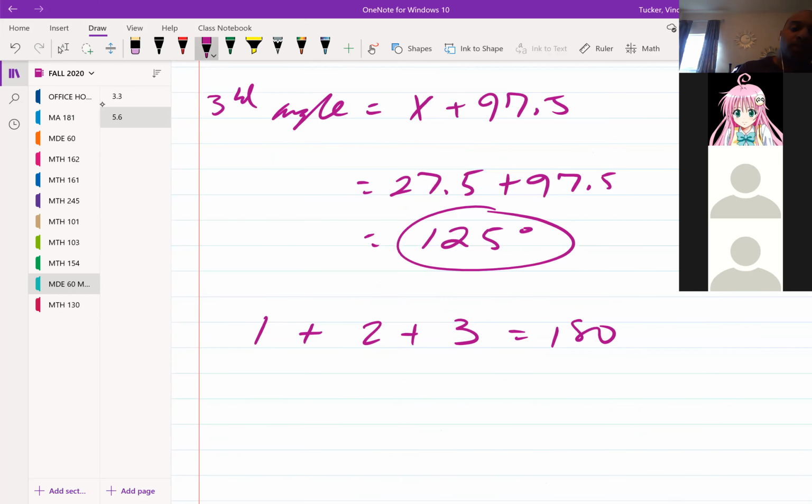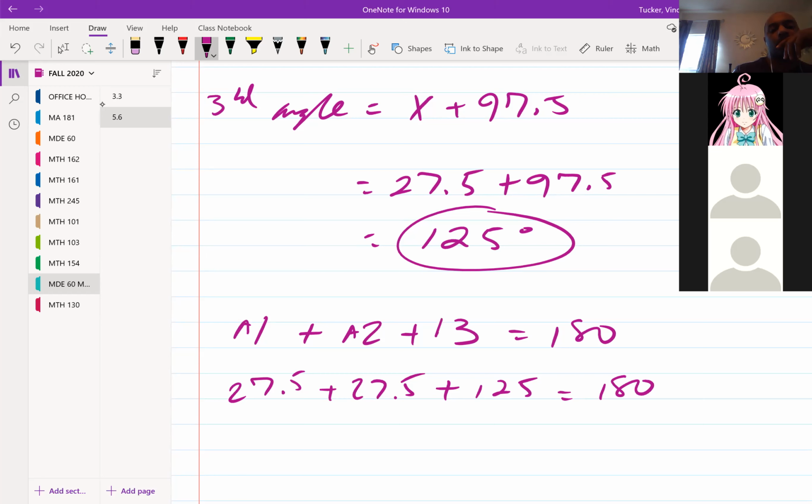Right. So 27.5 is angle 1, 27.5 is angle 2, and 125 is angle 3. Add those three together, you get 180. Okay, I was trying to figure out what that meant. Let me write that down.